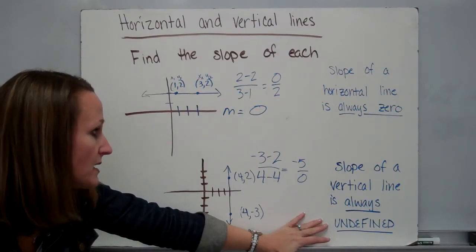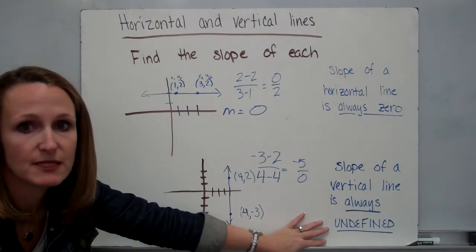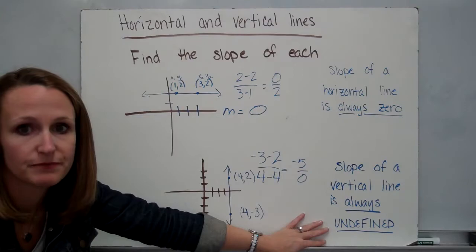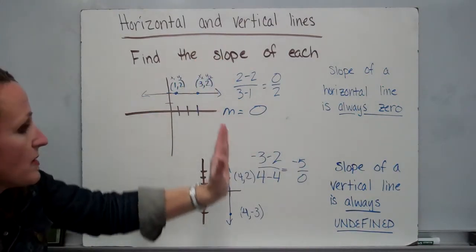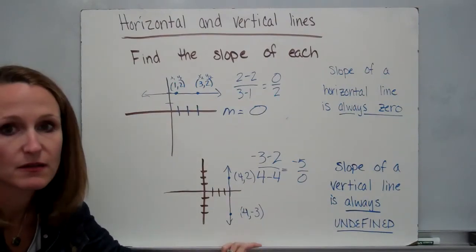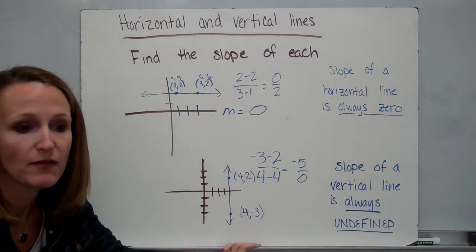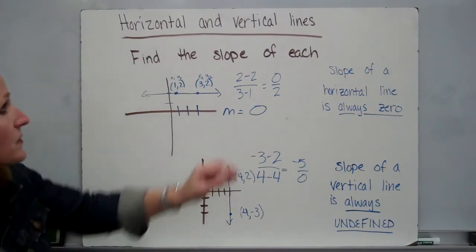So it's undefined because it does have a rise, but it has no run. So when we have no run, we say that it's undefined. This one has 0 slope, this one is undefined because it's just completely steep. If you fell off a hill, you certainly wouldn't want it to look like this because you're falling straight down.